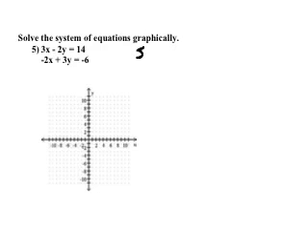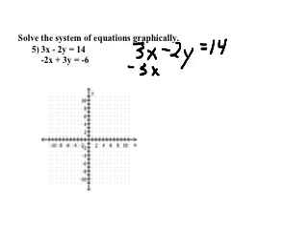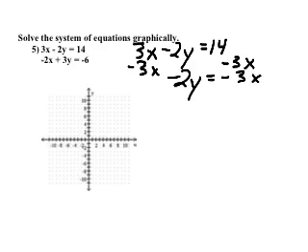So we have 3x minus 2y equals 14. Okay, add a negative 3x, and I get negative 2y equals negative 3x plus 14.